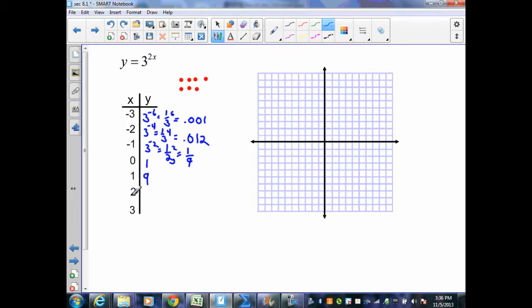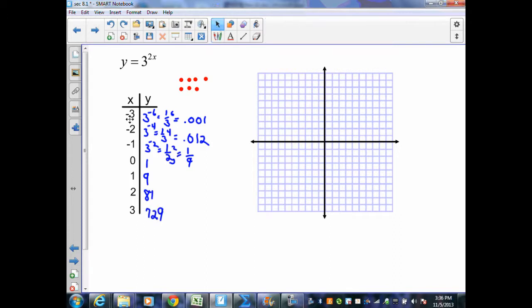2, when I substitute in 2, I get 3 to the 4th power, and 3 to the 4th power is going to give me 81. And when I substitute in 3, I get 3 to the 6th power, and 3 to the 6th power is 729. So you can see exponential functions grow extremely fast. So let's plot our points.